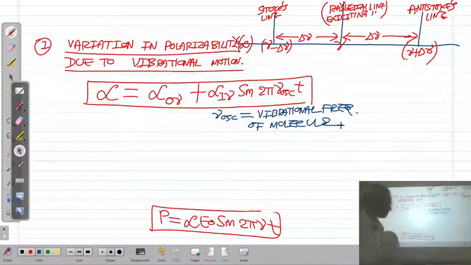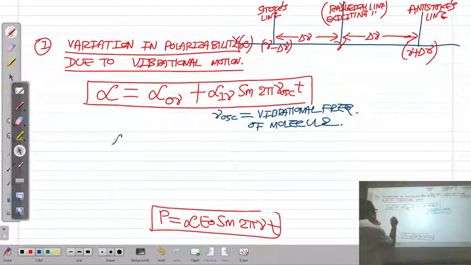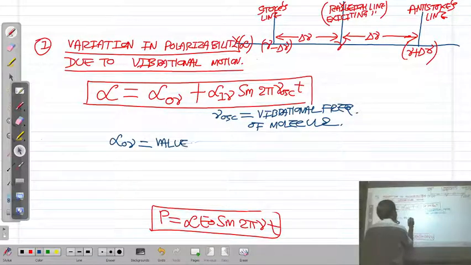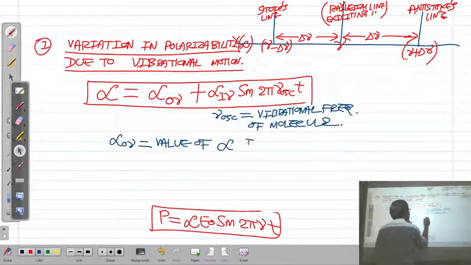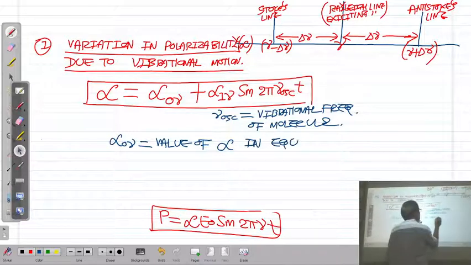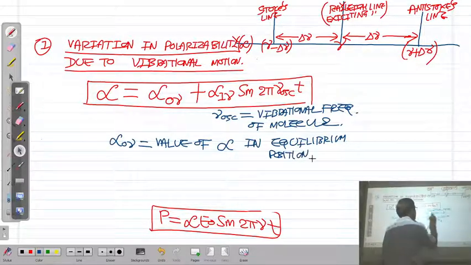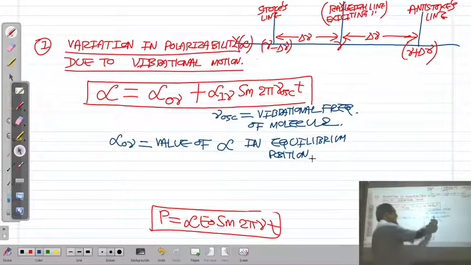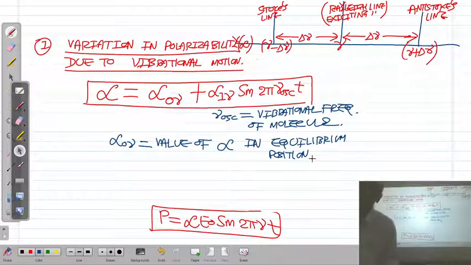Now we write what is alpha 0 nu. Alpha 0 nu is the value of polarizability alpha in the equilibrium position. And what is alpha 1 nu?